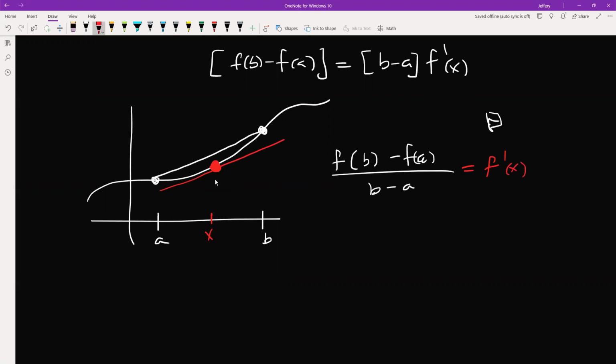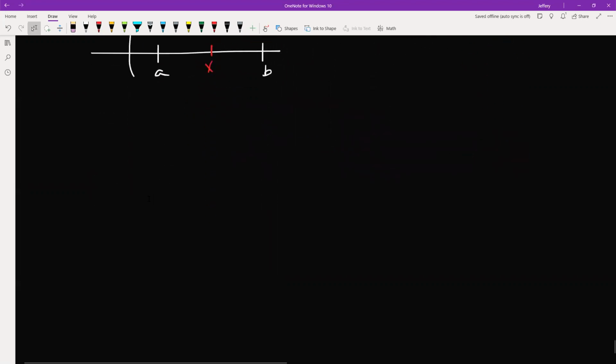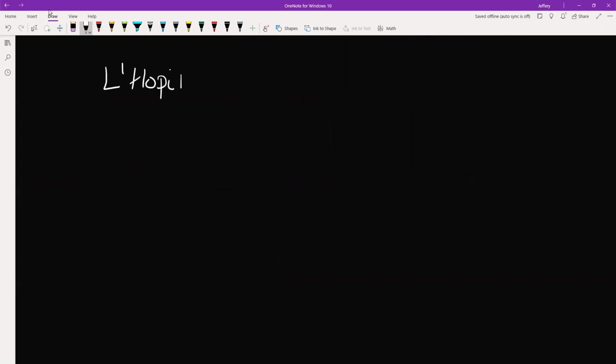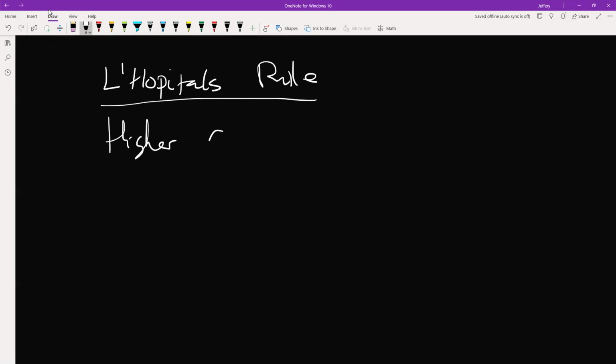Let's see. Now, I kind of want to do some more things, but I don't know if I want to do it now. Maybe next time I'll talk about L'Hopital's rule. Depends on what area you're from, if you want to include the S or not. Then I want to talk about higher order derivatives. And then the Taylor series.